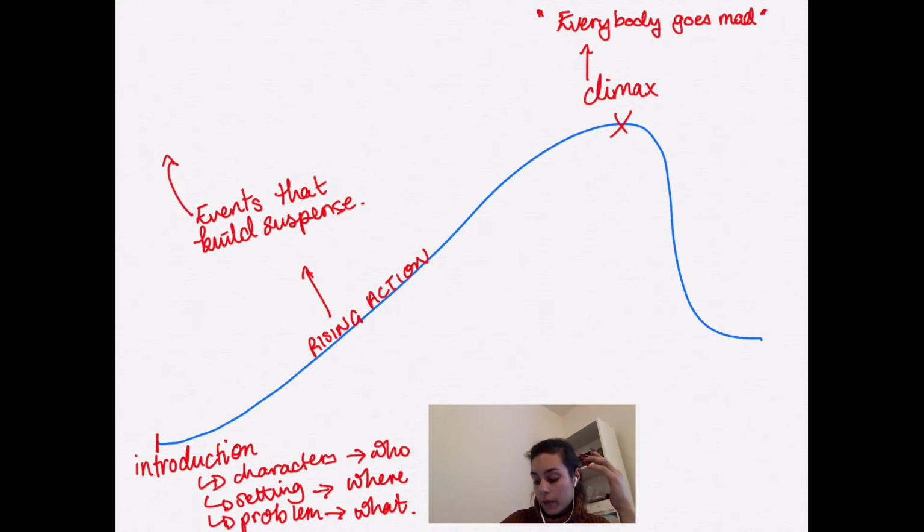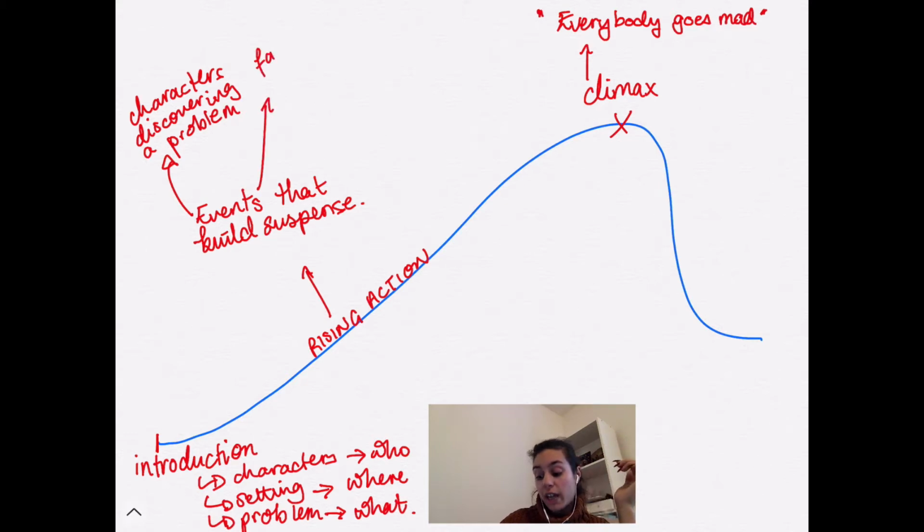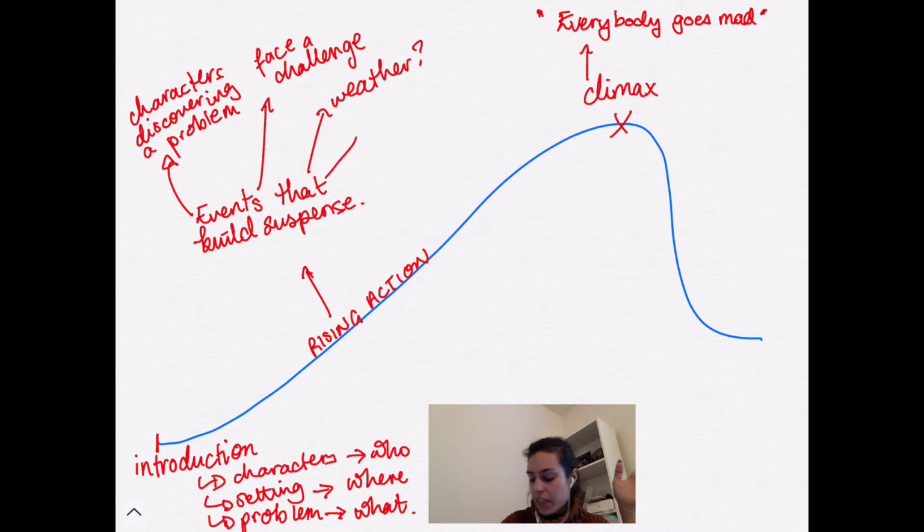Well, that means characters discovering something's wrong. So they're discovering a problem. Face a challenge. What else can you think of? We've got events that build suspense. Maybe it's the weather. Maybe it's external influences on the character.